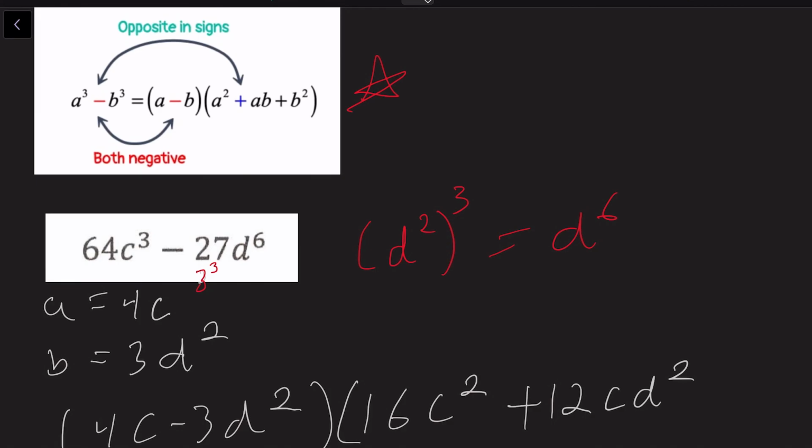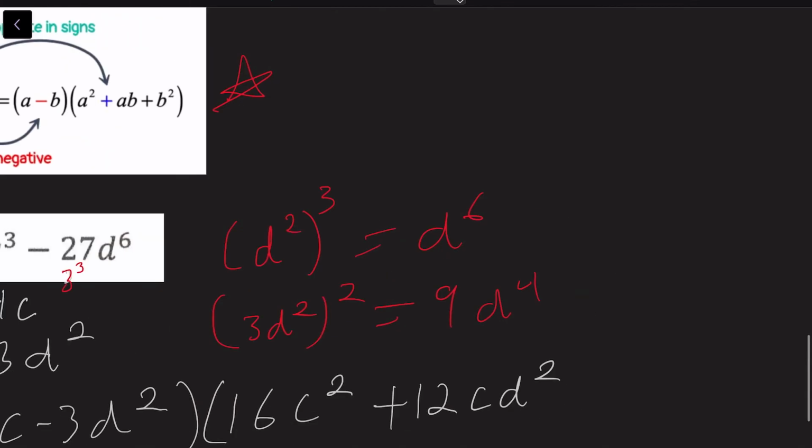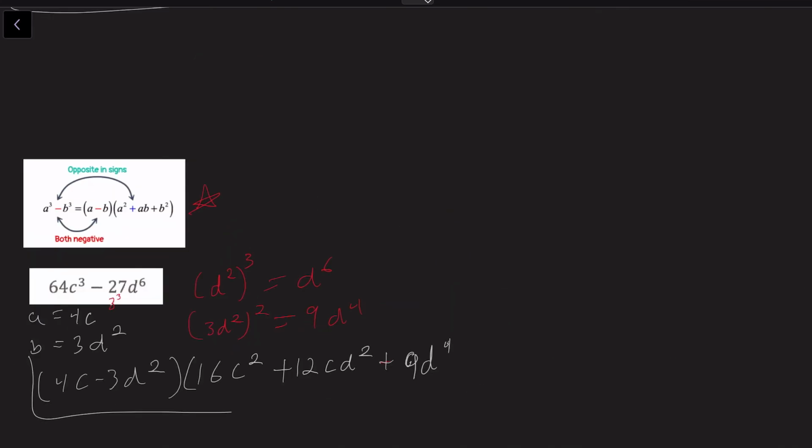Now b squared, 3d squared, squared. Let's write it up here. 3d squared squared. That's going to equal 3 squared is 9. d squared squared is going to be d to the 4th. So we're left with plus 9d to the 4th. And that becomes our final answer.